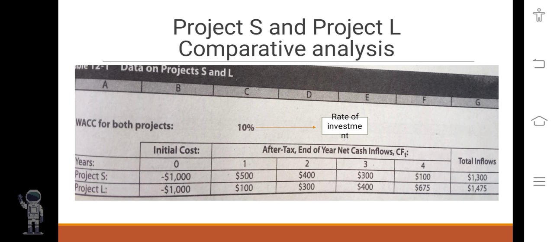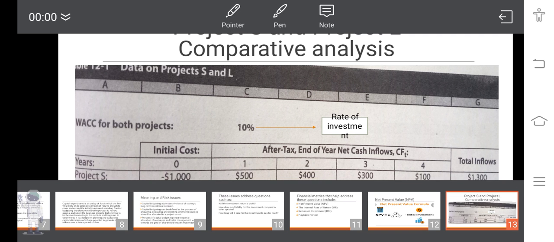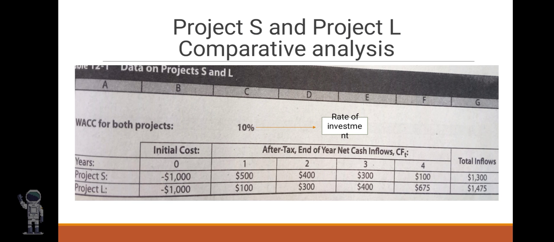Notice the initial investment is 1,000, and for project L it is also 1,000. The cash inflows for project S are 500 in year 1, 400 in year 2, 300 in year 3, and 100 in year 4. For project L, they are 100, 300, 400, and 675.